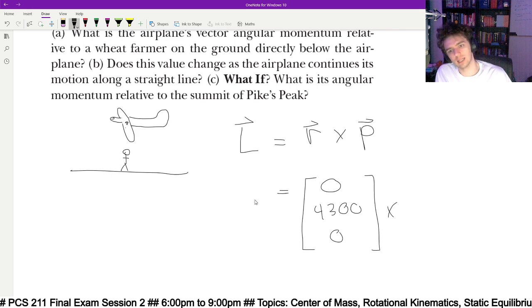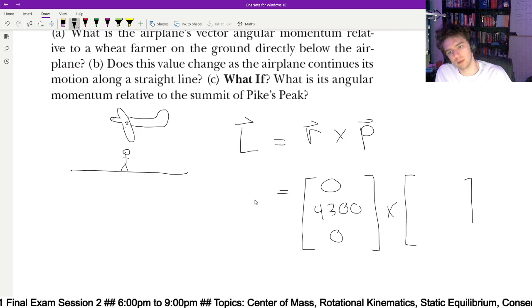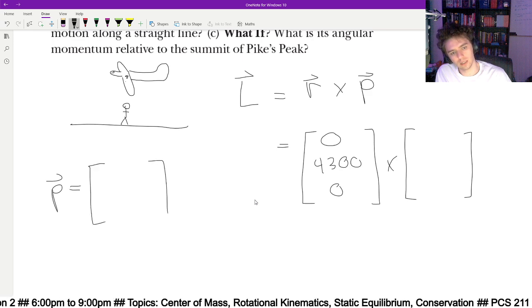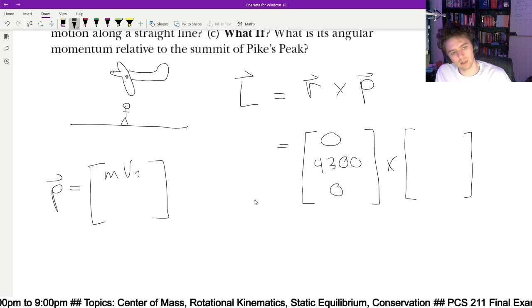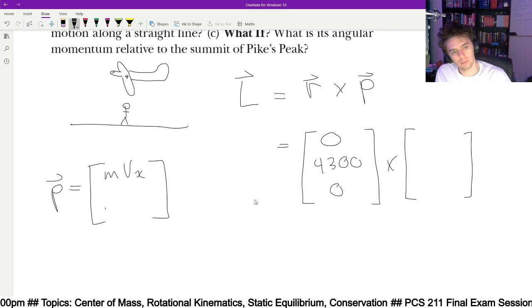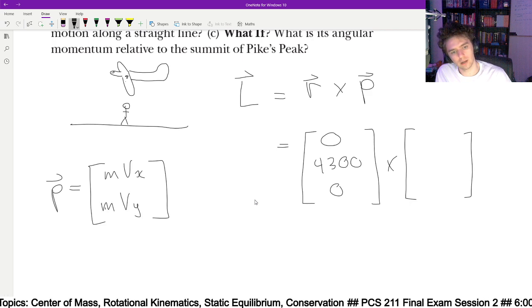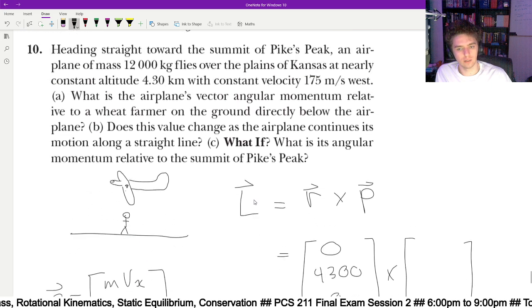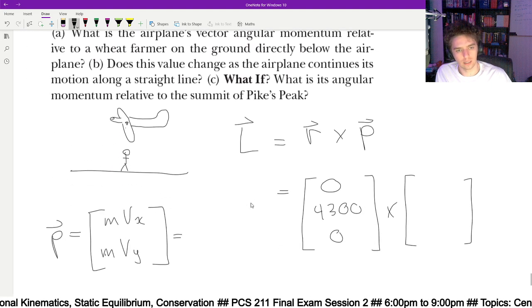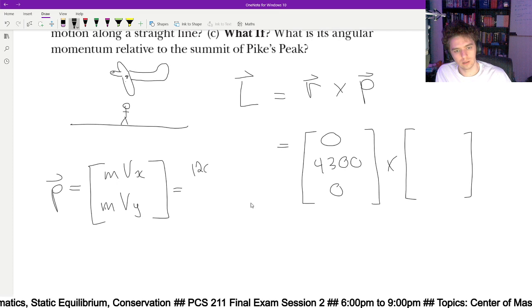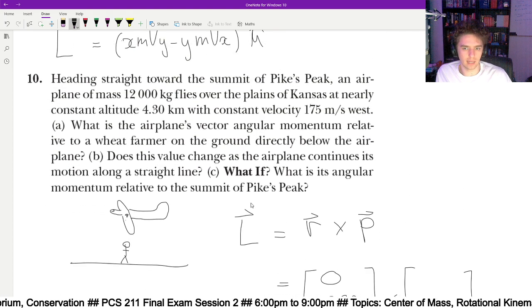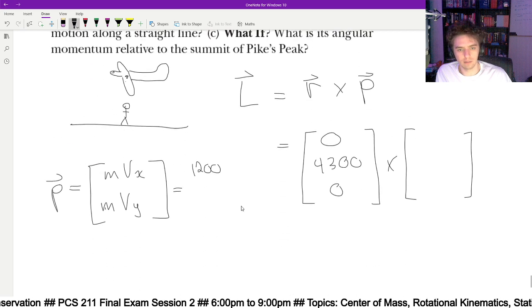So we're going to cross that with momentum. Remember, our momentum vector is the mass times the velocity in the x direction, and the mass times the velocity in the y direction. So the mass is 1,200. Velocity in the x direction, so moving left and right, is 175.